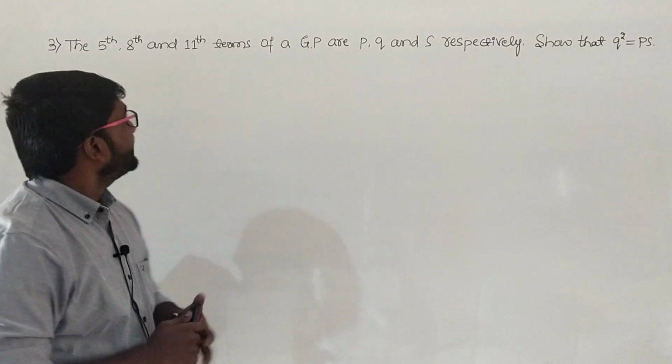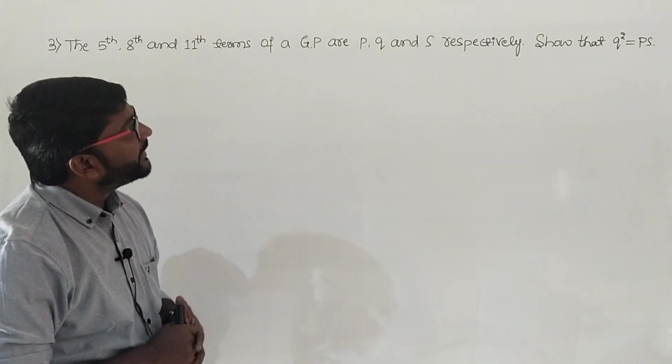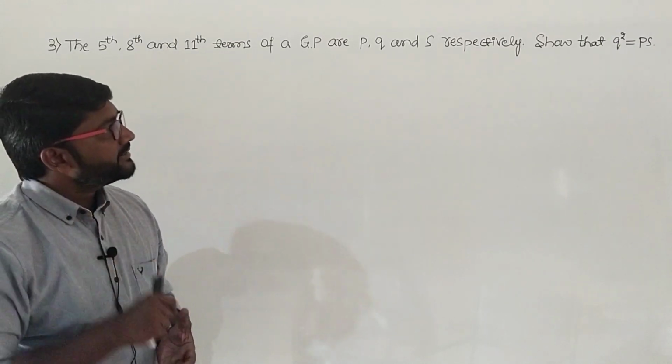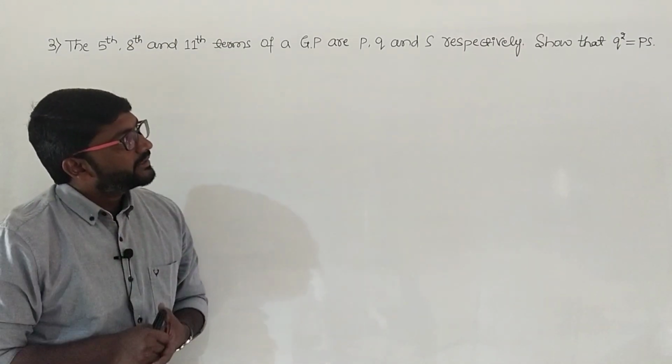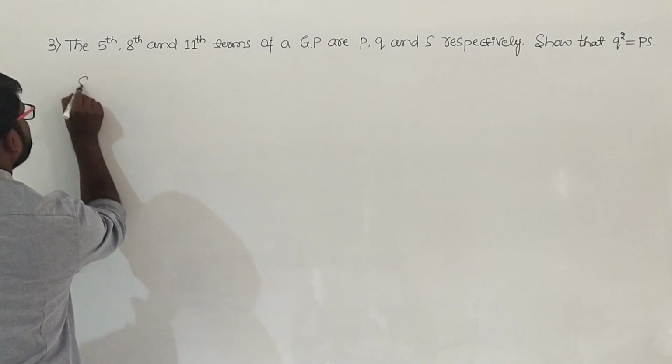Well, the third question: the 5th, 8th and 11th terms of a GP are P, Q and S respectively. Show that Q square equal to PS. We'll write the given information.